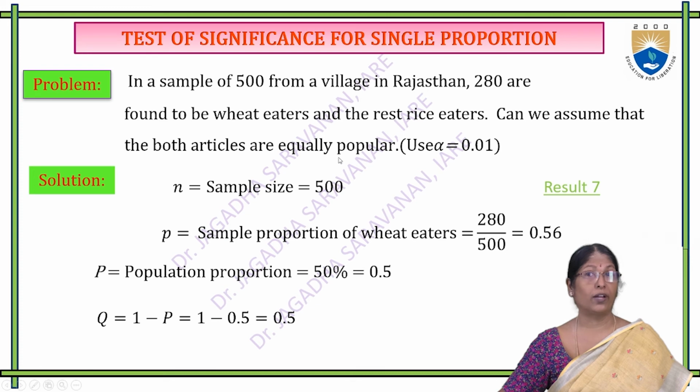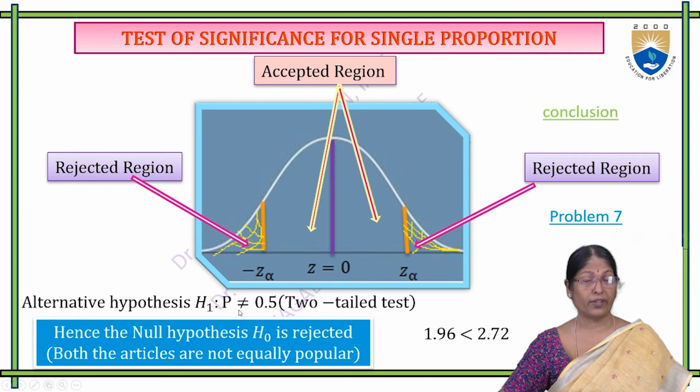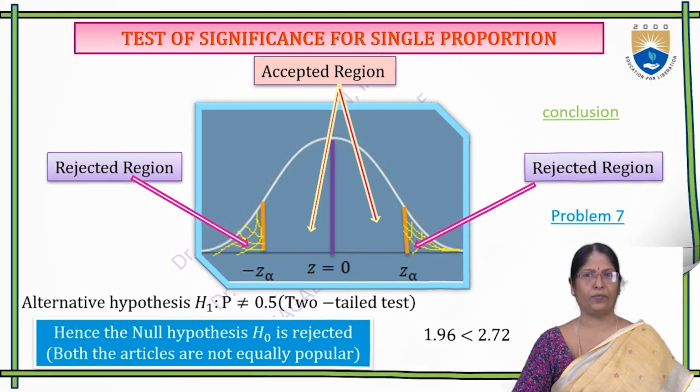Equally popular, that's what we have taken, the two-tailed test, and we rejected it, not equal. We are not in a position to accept the null hypothesis because of this calculated value. Tabulated value is less. We have to reject the null hypothesis. Rejected, so the alternative hypothesis is dominating. What is that alternative hypothesis? The articles wheat and rice eaters are not equally popular.